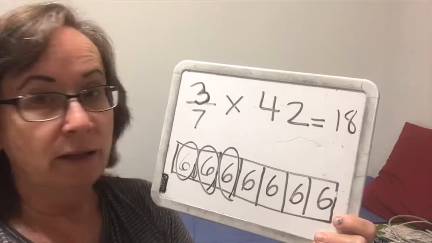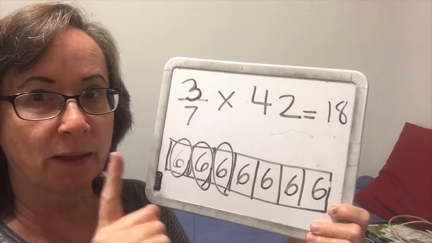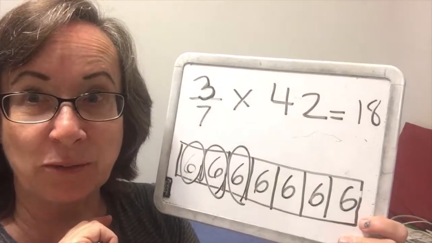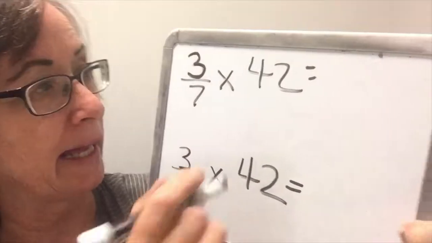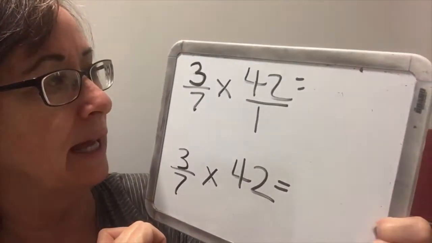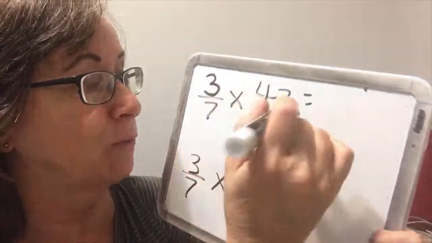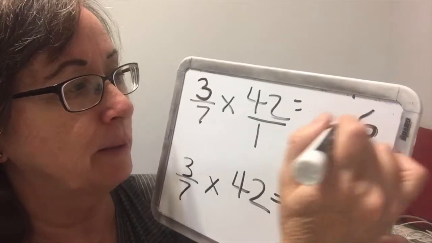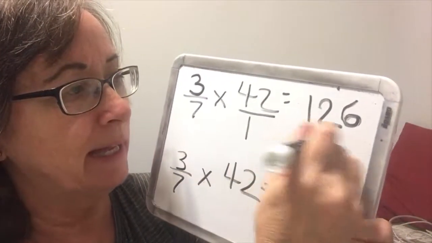So let's work the same problem, but we're going to do it with multiplication and then with canceling. And then you get to decide which one you like better. On the top we're going to multiply. And we're going to put 42 over 1 so we don't get confused. And then we're going to say 3 times 42. Well, 3 times 2 is 6 with nothing to carry. 3 times 4 is 12, so I get 126. 7 times 1 is 7.